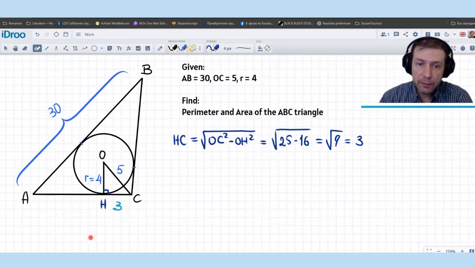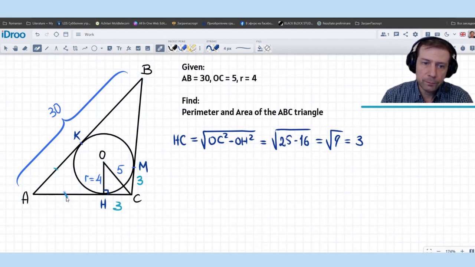Okay, therefore we could already say that this is also 3, and then we will know that AH would equal this length. Let's call these points K and M.